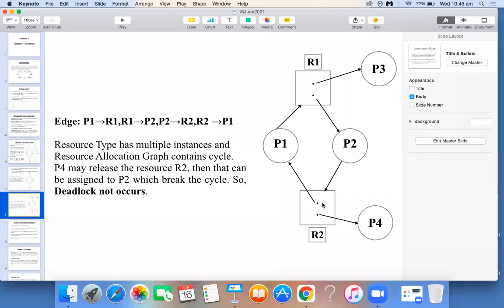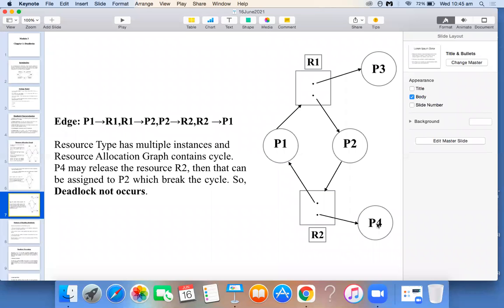Now observe this carefully. Process P2 is requesting resource R2. According to this diagram, you can see one instance of resource R2 is allotted to P1. Similarly, another instance of resource R2 is allotted to P4. If either P1 or P4 releases the resource, then there will be no chance of deadlock, correct?